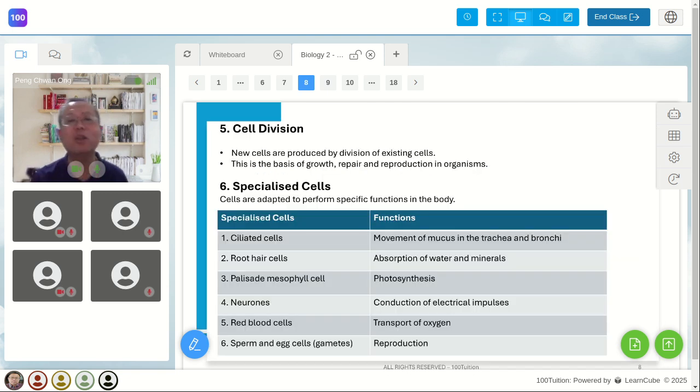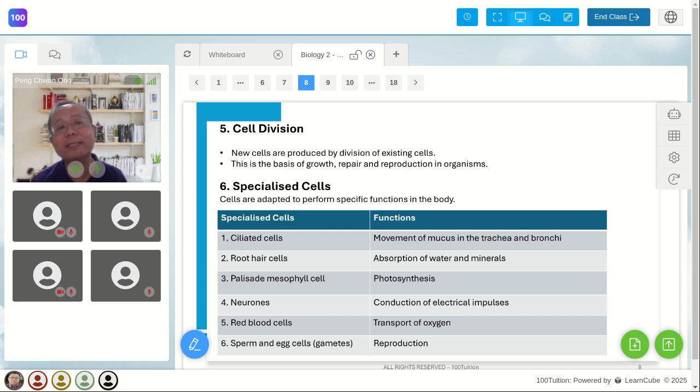Okay, next, now we know quite a lot about cells, but how do the cells reproduce? Or basically, how are the cells made? New cells are produced by simply the division of existing cells. And that's how we grow, or how humans, animals or plants grow.